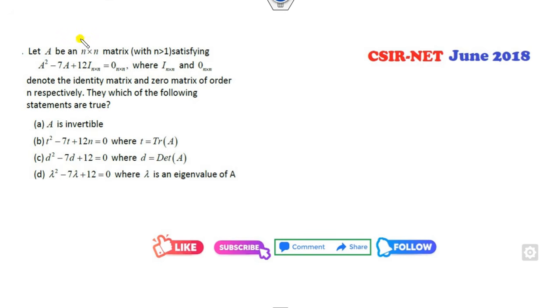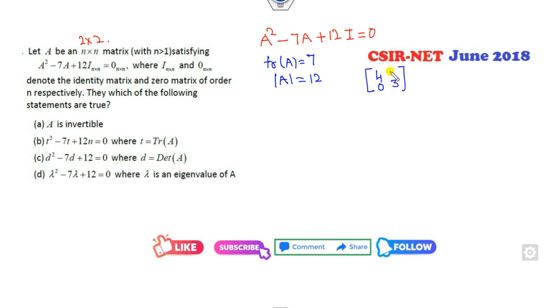Okay, I can simply choose a 2 cross 2 matrix A such that A square minus 7A plus 12I is 0. What does it mean? The trace of the matrix is 7, the determinant of the matrix is 12. So can you think about the matrix? 4, 3. Fine. This is my 2 cross 2 matrix.